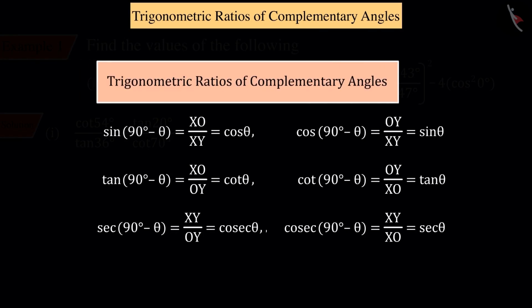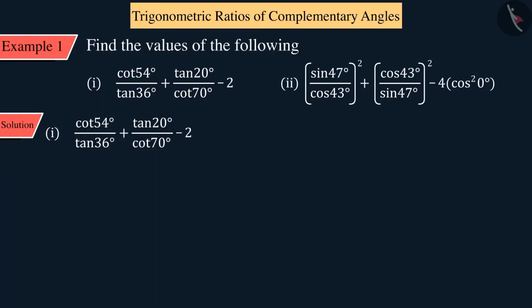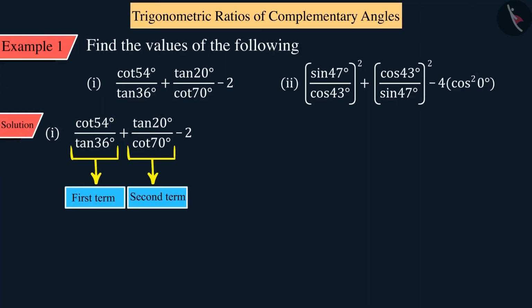To solve this, we will use the trigonometric ratios of complementary angles. Therefore, in the first and second terms, we will either change cot to tan or tan to cot, because we know that cot theta equals tan (90 degrees minus theta) and tan theta equals cot (90 degrees minus theta).